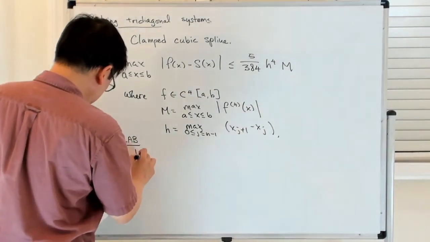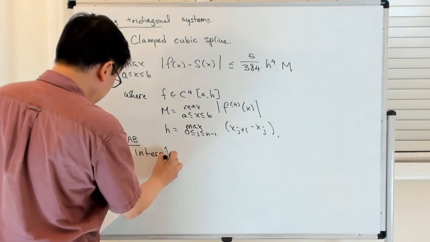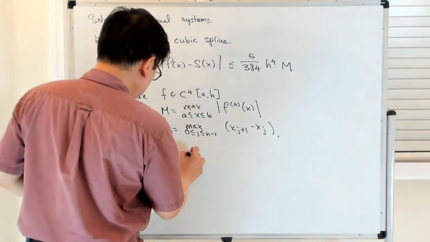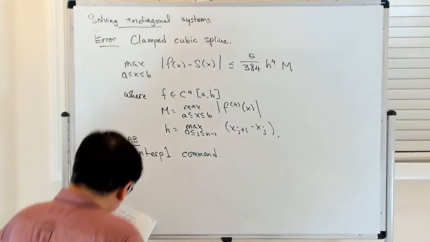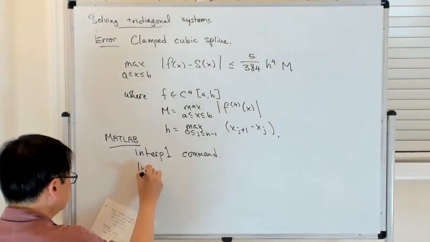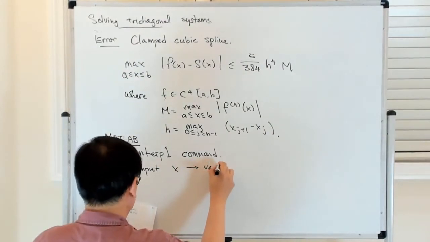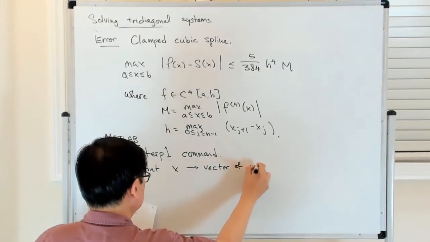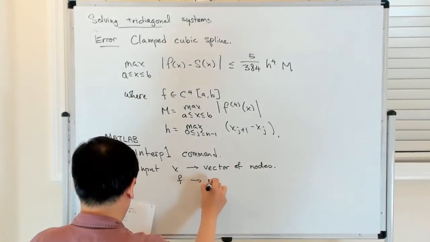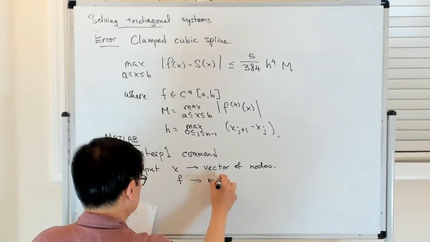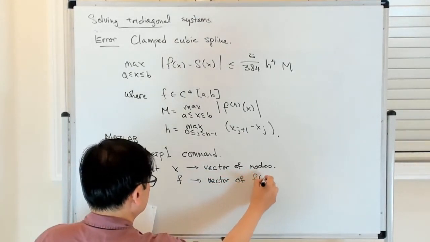There's what is called the interp1, I think, command, and the input is x, which is a vector of nodes. f is a vector giving you the function values at the nodes.